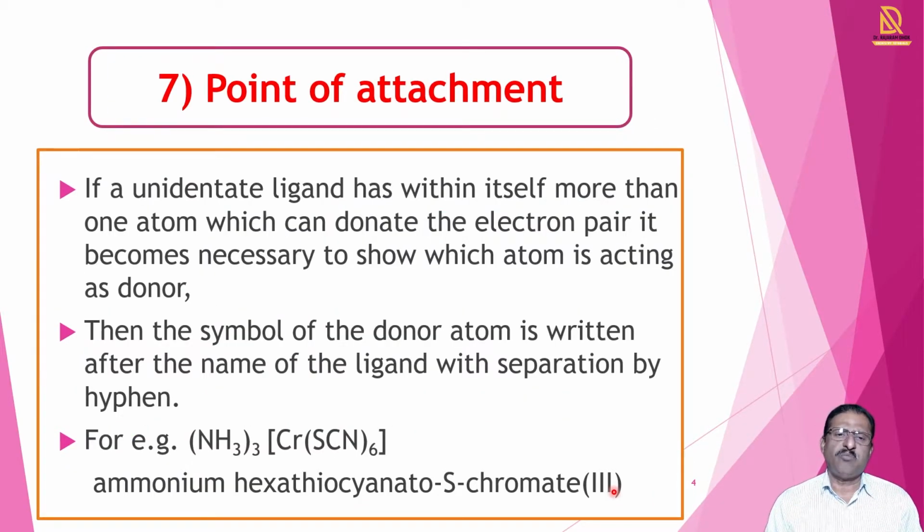Then another point: the point of attachment. In certain cases, there are unidentate ligands, and that unidentate ligand itself contains 2 or more donor atoms, but only one is donated to the metal at a time.